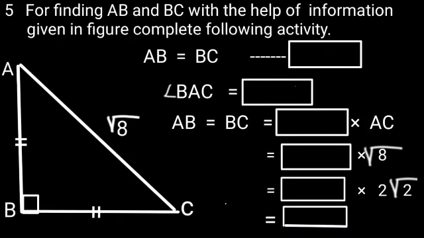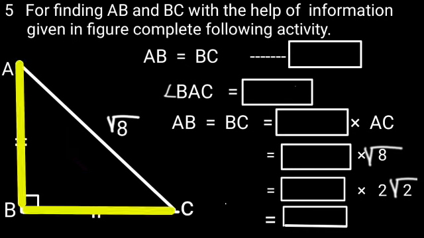Example number 5. For finding AB and BC with the help of the information given in the figure, complete the following activities. First of all, we observe the figure. Triangle ABC is a right angled triangle. Angle ABC is equal to 90 degrees. AB and BC both are equal.